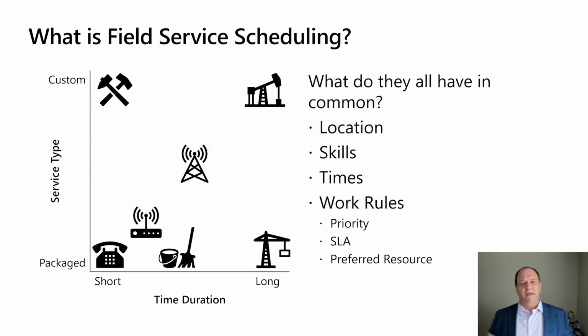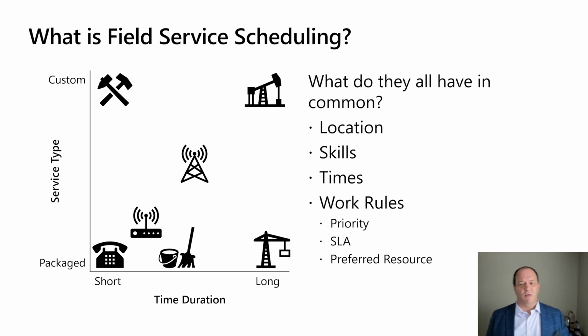So what is field service scheduling? Well, a couple things here. Gartner, by the way, has a critical capabilities matrix, and they define it as appointment-centric, asset and equipment-centric, knowledge-centric, and outcome-centric.